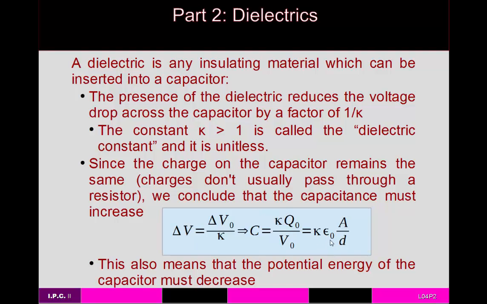So for a pair of parallel plates, the capacitance looks like kappa times epsilon naught times A over D. So in other words, by inserting the dielectric between the two plates, you actually are increasing the capacitance of the capacitor. And you're doing that by having a smaller voltage drop per unit charge on the capacitor.